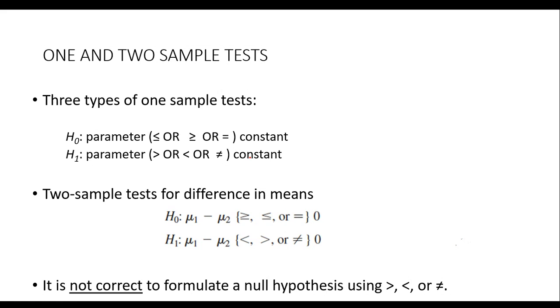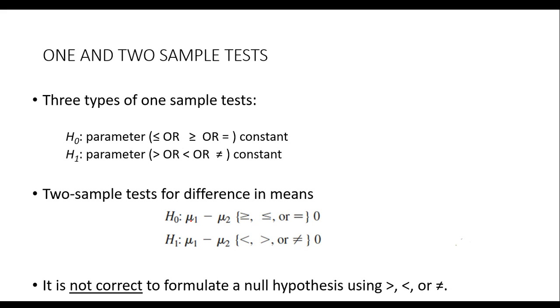Suppose we take two samples, and then we normally go for the difference in mean, and then the null hypothesis will be about the difference between the mean IQ level of sample 1 minus sample 2. This can come on this side of the sign also.